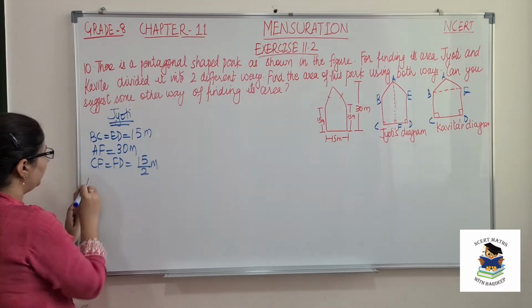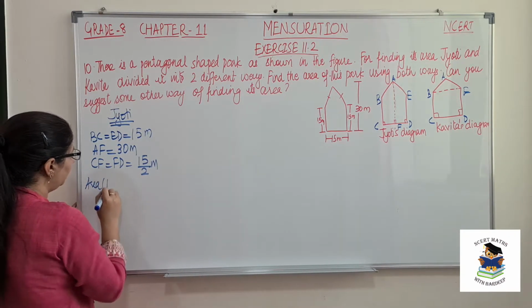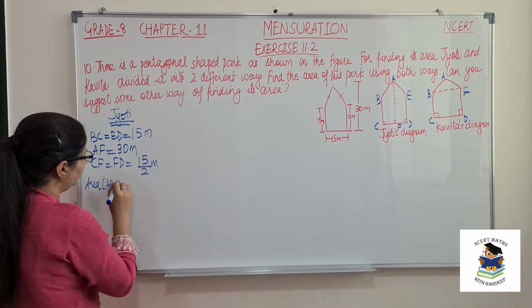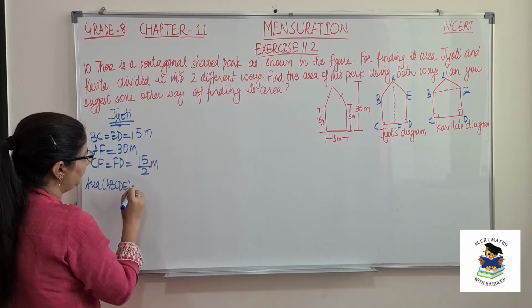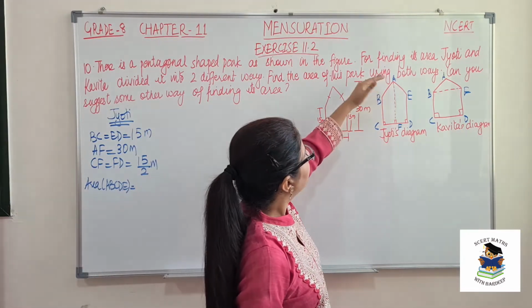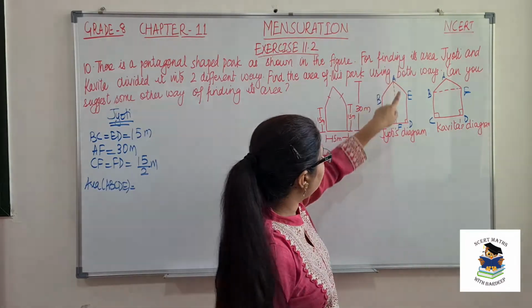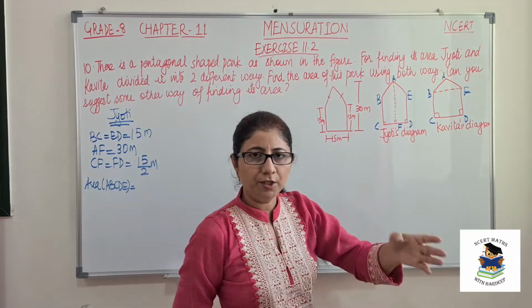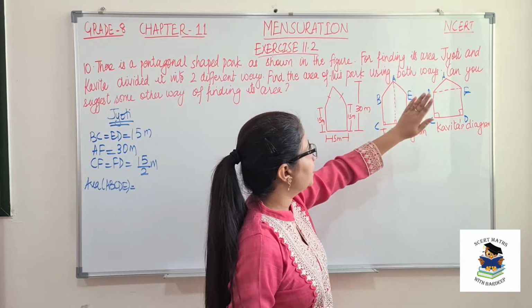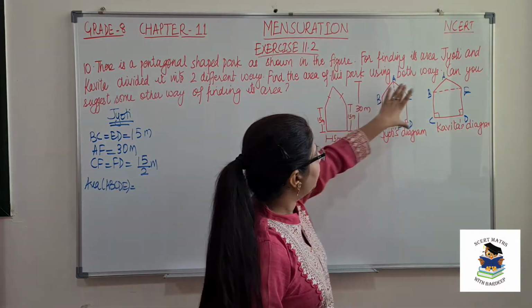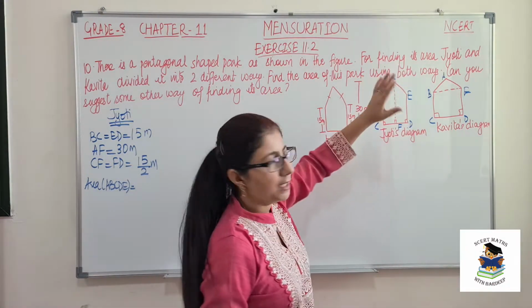So now let's find the area. Area of A, B, C, D, E. So here we can see that this B, C, F, A is one trapezium. A, F, D, E is the second trapezium. But both are similar. This is 15, this is 15, this is the common side 30.